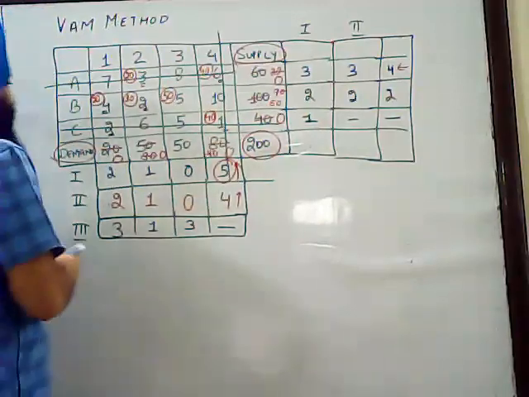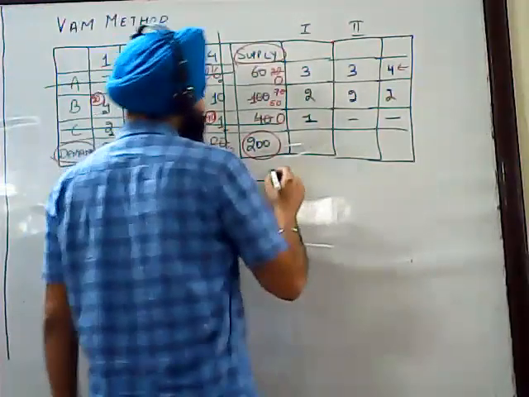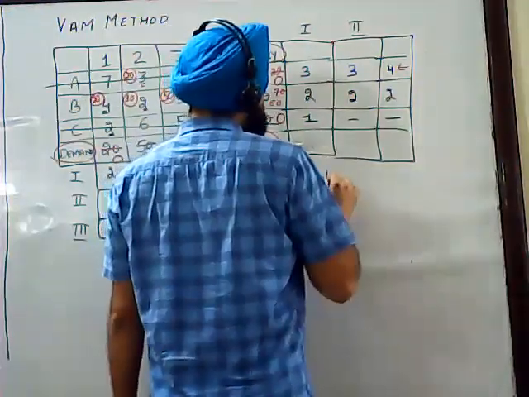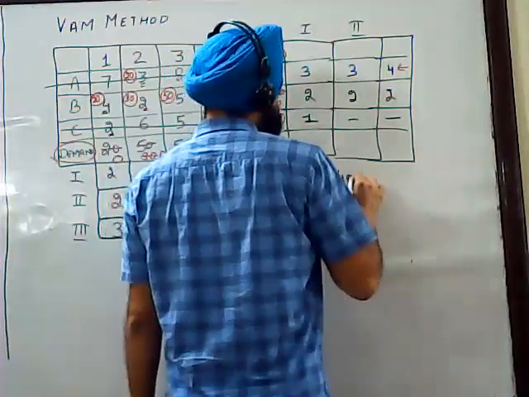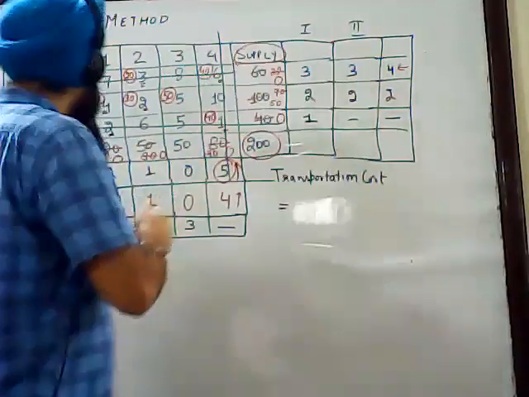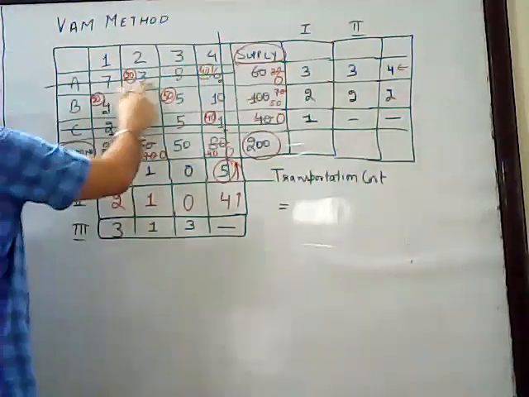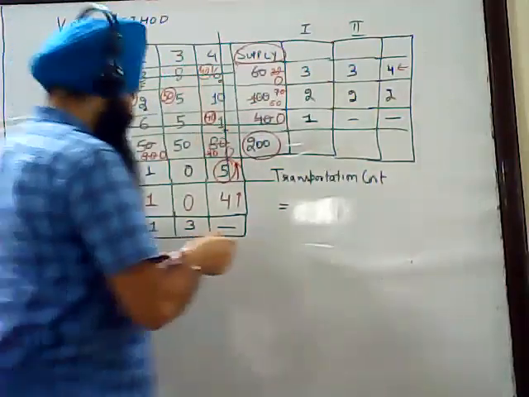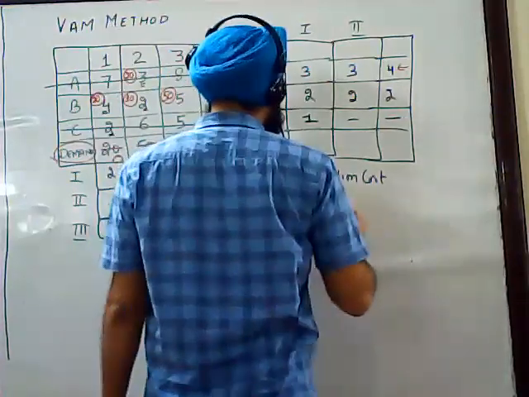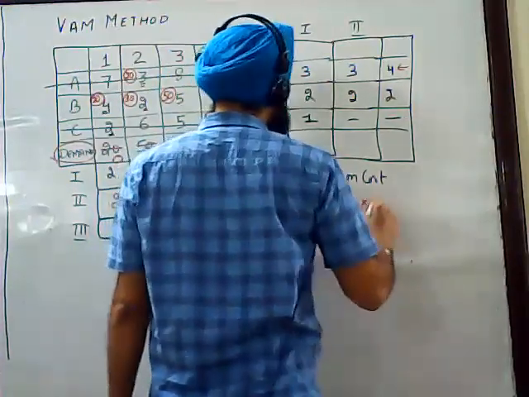Now the transportation cost will be equal to: the first row, 20 into 3 plus 40 into 6.